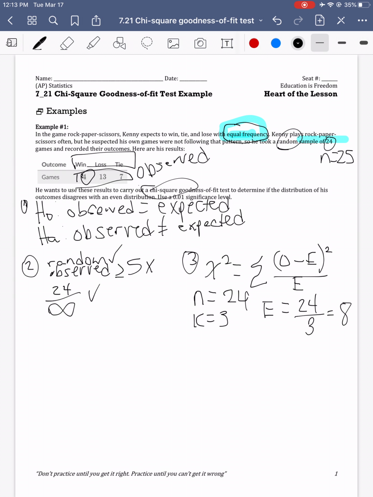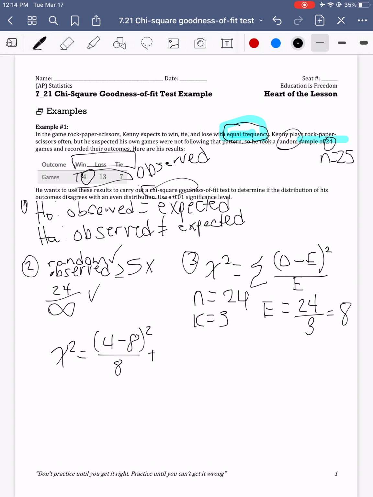Using that value, which is the same for every single one of these, my chi-square is going to be equal to the first observed value. I'm starting with the first value in the table, 4. He played the game and he won 4 times, so that's the observed, minus the expected. We just calculated we would expect to win 8 times.